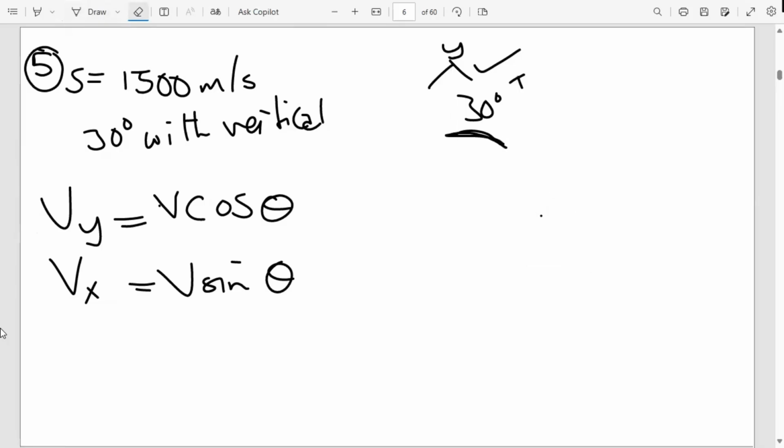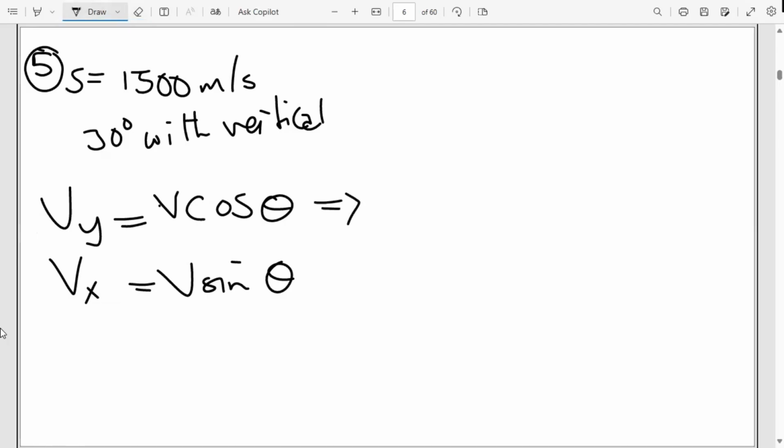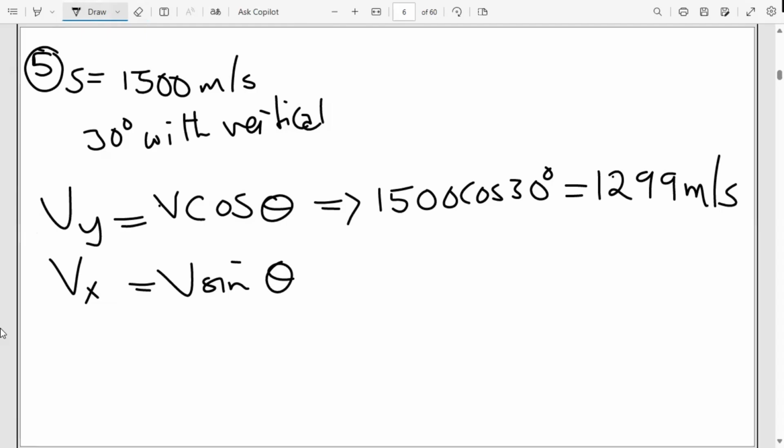Let me even rub this diagram. It is going to be equal to 1500 cos 30 degrees. And this is going to give me 1299 meters per second.